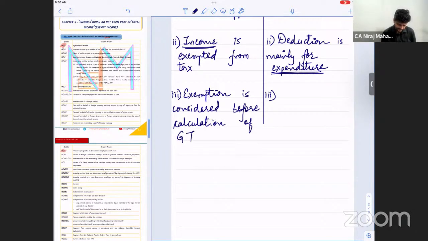Gross total income. Yes, still with me, all of you?